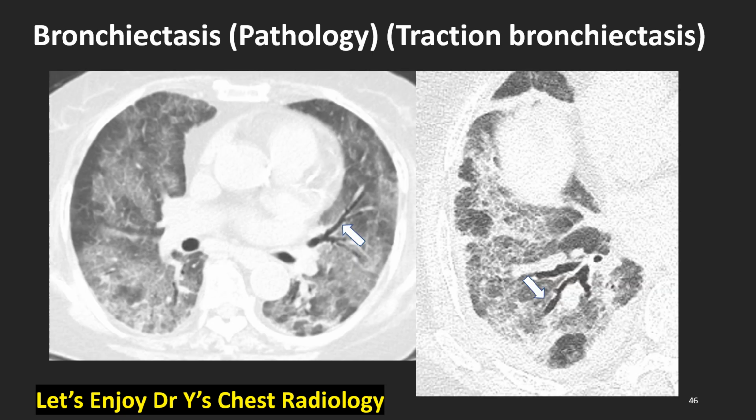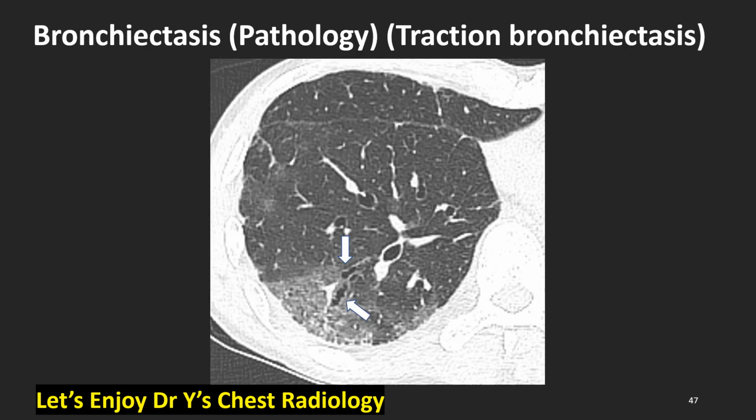Arrows indicate traction bronchiectasis. 2 white arrows indicate traction bronchiectasis of right lower lobe.